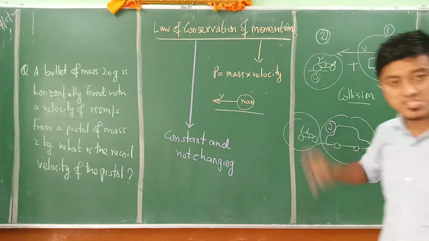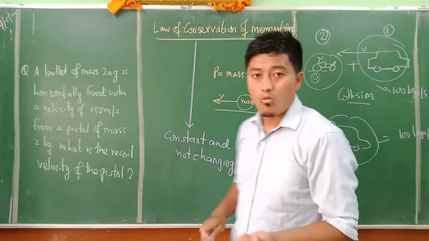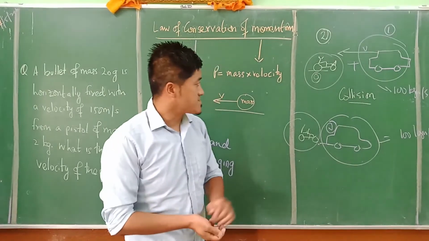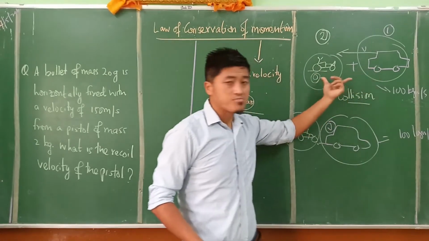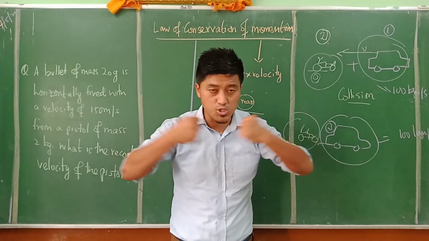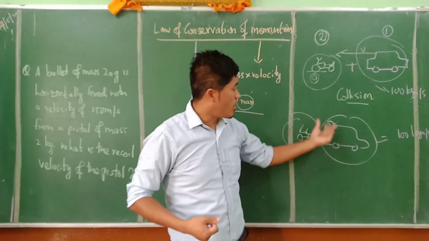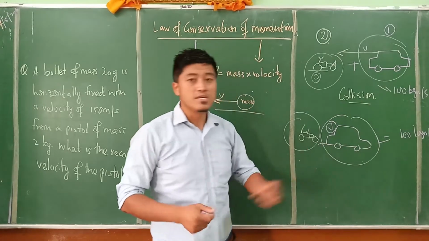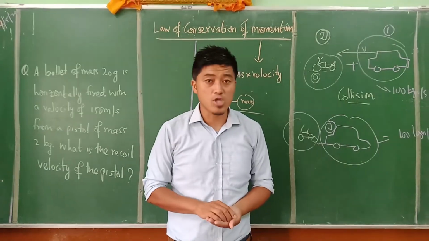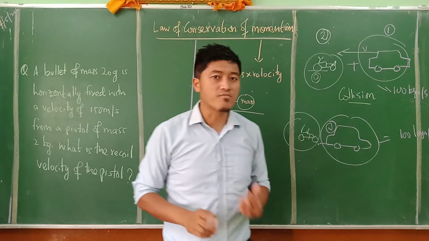This will not change. Verbally, the total momentum of object number 1 and object number 2 before collision, and the total momentum after the collision, is always the same and is not changing. That is the law of conservation of momentum.